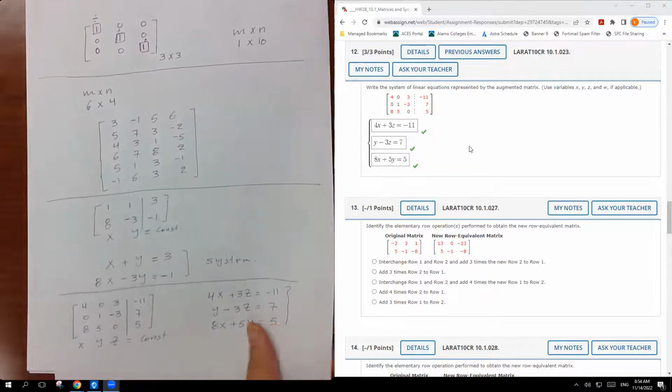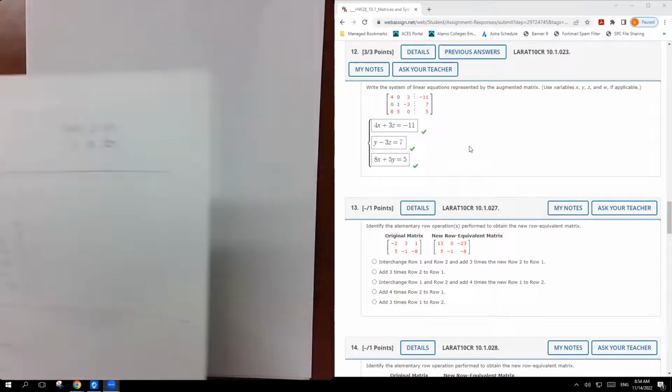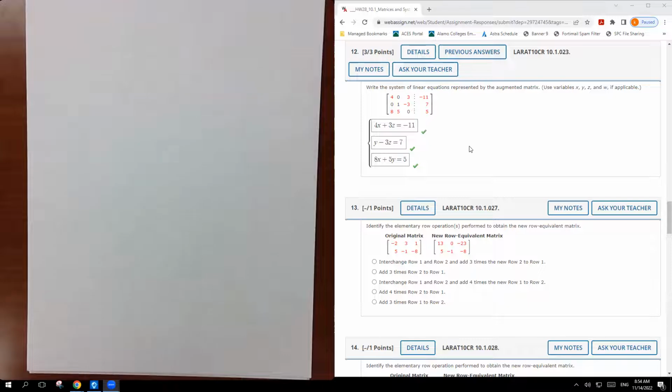Example 13, this is what's called row operation. Let's check how we're going to do this example. They give you the choices about which one you're going to do for matrix A. If you remember, we said two matrices are equivalent if we can do a row operation on the first one to get the second matrix.